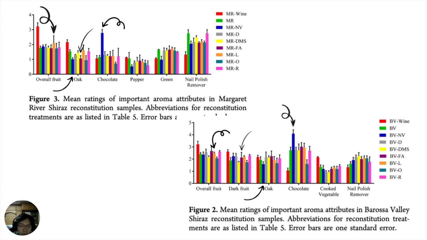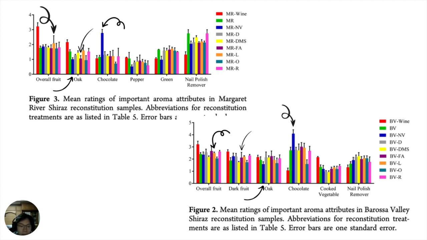When the non-volatile compounds are omitted, it reduces the intensity of the oaky attribute and increases the intensity of the chocolate attribute in both wines, which means that the non-volatile compounds enhance the oak attribute and mask the chocolate attribute of both wines.